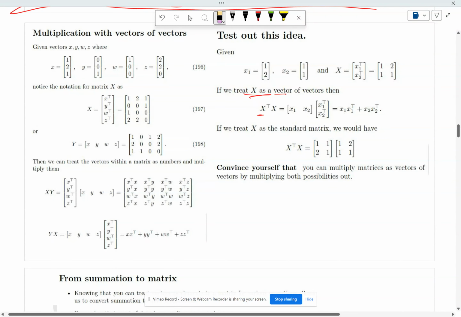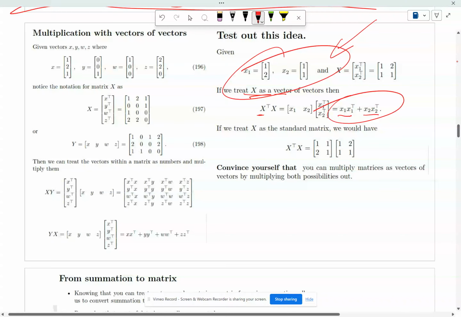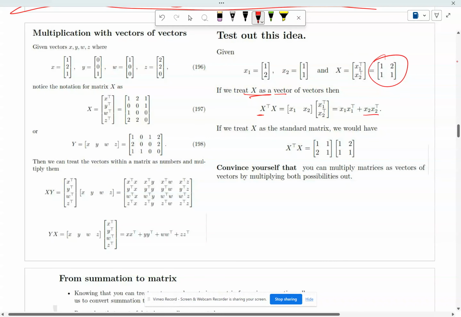Now, if you were to do the dot product here, you're going to get x1 transpose, x2, x2 transpose. So you should take this, pause the video, and multiply this out. And then just take the x and do the matrix multiplication.